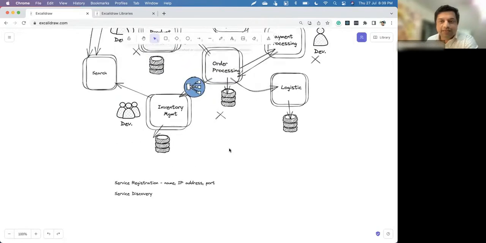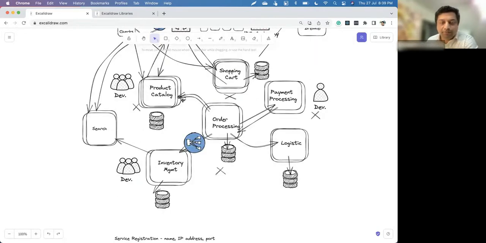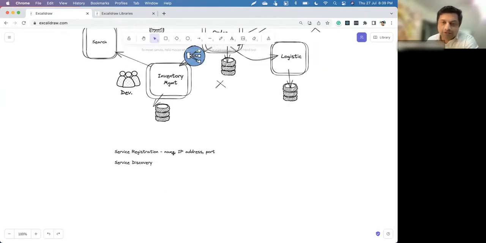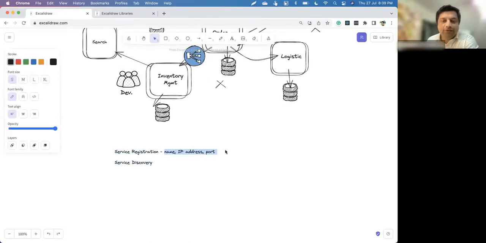So assume we added product catalog service. These details will be added to the service registry. And service discovery is the process of finding an entry in the service registry.